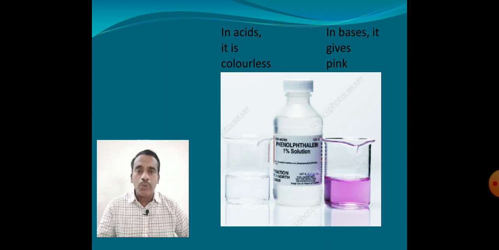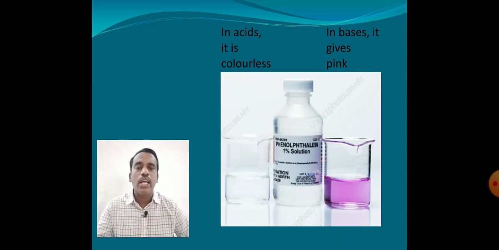It may be a neutral substance also, but we cannot distinguish in the neutral substance or in the acidic substance because phenolphthalein is basically a colorless solution. So in the acids, if you drop it, it remains colorless only.